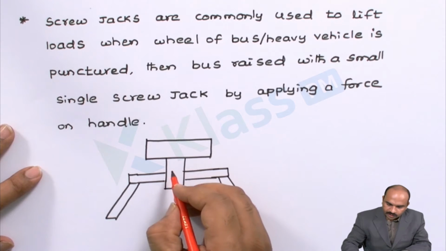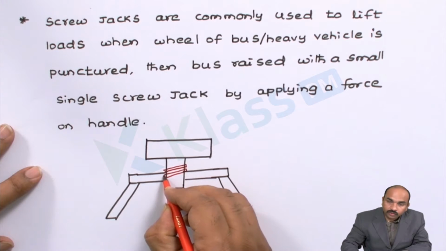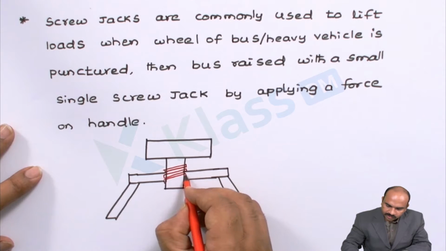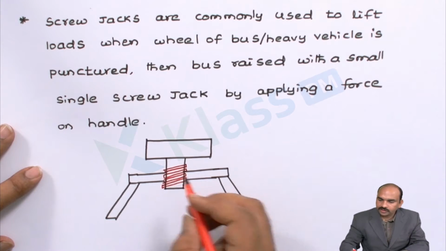Now there are threads on this, shown in red color. You can see this is a screw, which means there are threads on it.